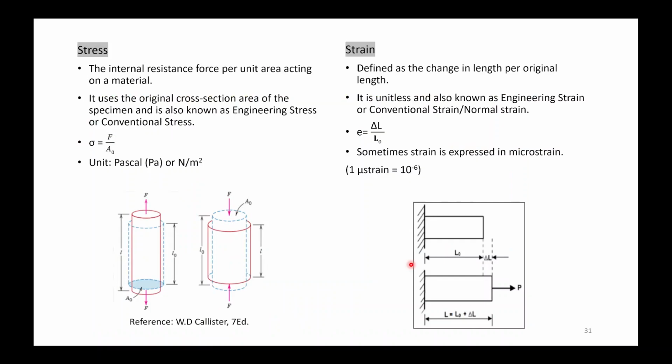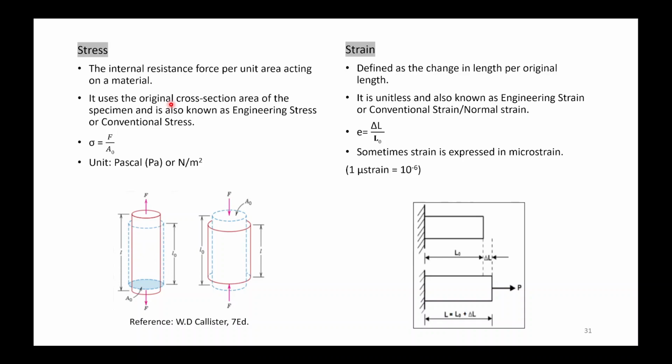Now, stress and strain. When we are performing tensile testing or compressive testing, these two properties are important. First is stress, the internal resistance force per unit area acting on a material. When we are straining a material, it will resist this strain, since it wants to stay in that particular form, so the resisting force is known as stress.